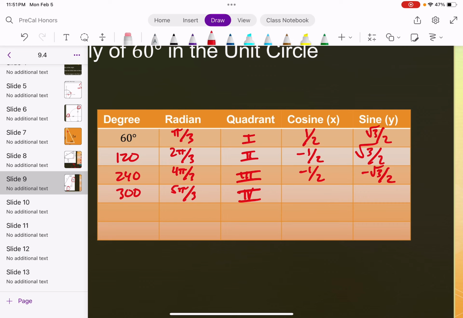In this case, our cosine is going to be a positive 1/2. And you're going to end up with a negative square root of 3 over 2. I'll give everybody a quick minute to kind of take a look and take a photo if you feel secure.